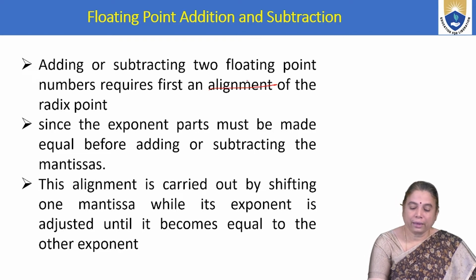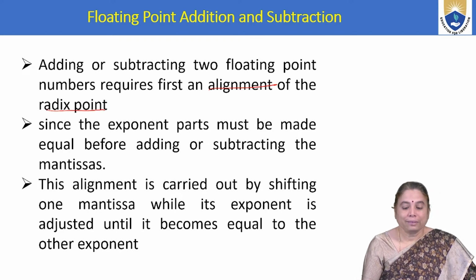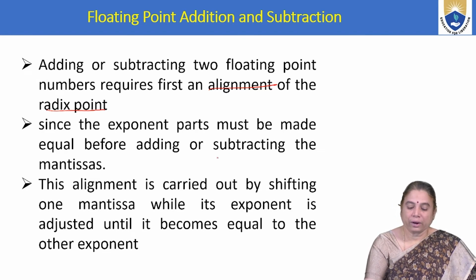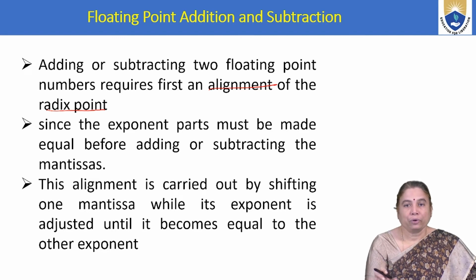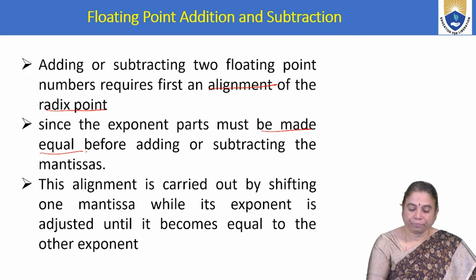So alignment has to take place, since the exponent parts must be made equal before adding or subtracting the mantissas. Both numbers considered for addition or subtraction are represented in the floating point standard representation of mantissa times radix power exponent form. And before the addition or subtraction operation, the exponent values must be made equal.